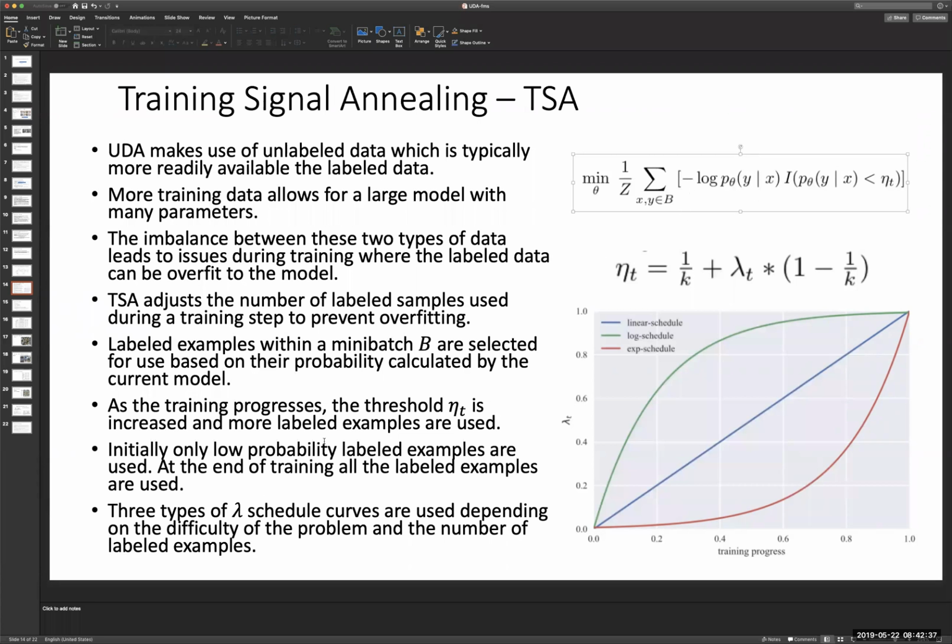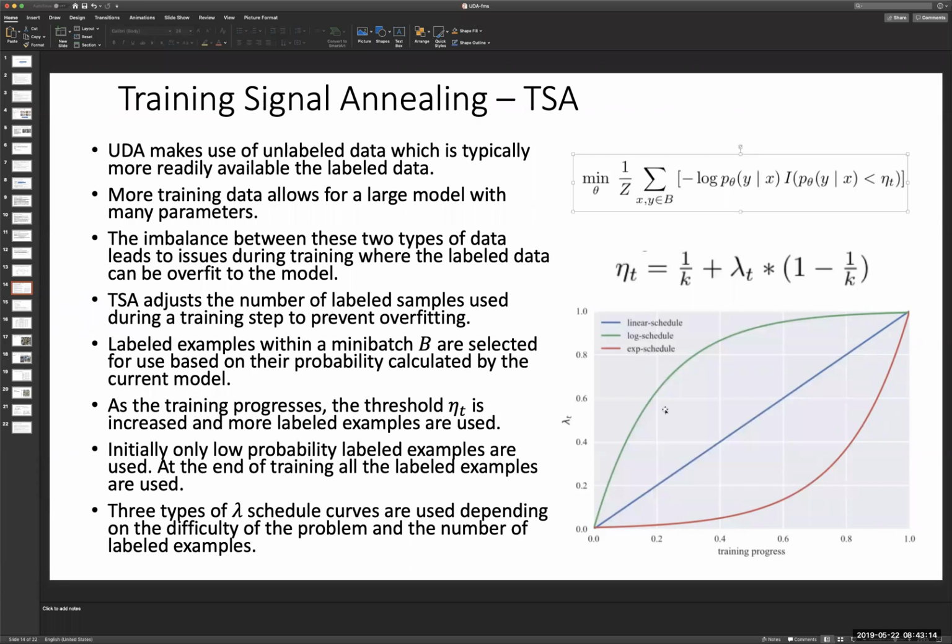The threshold is calculated using this lambda of T, which can have different forms. But basically, as NT is increased, more labeled examples are used. And then Z in this equation is simply a normalization factor that counts the number of samples that met this threshold criterion.